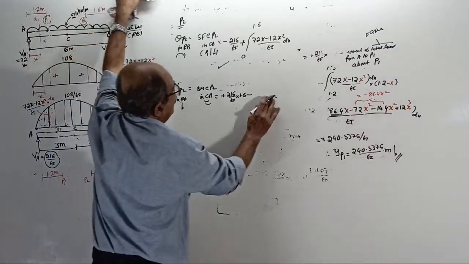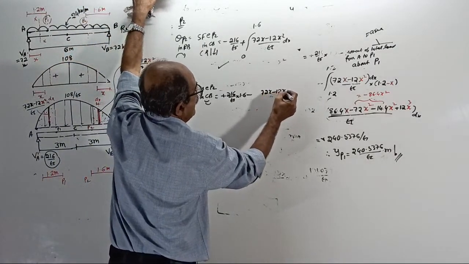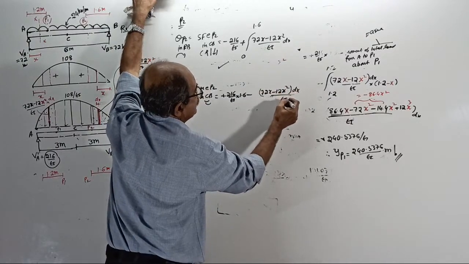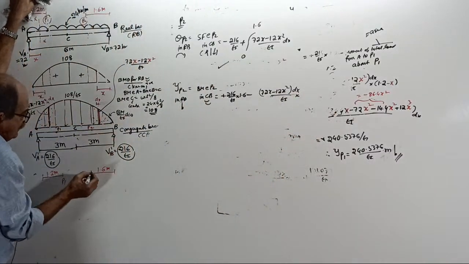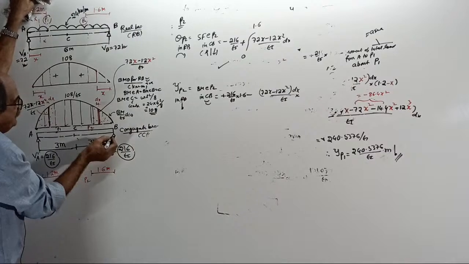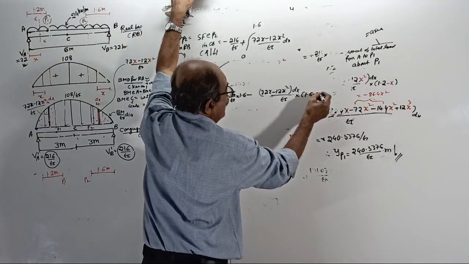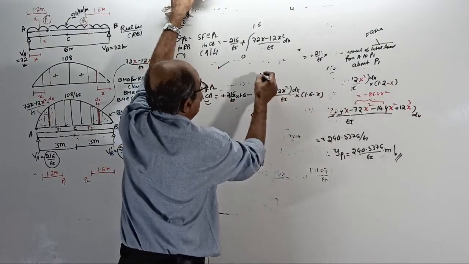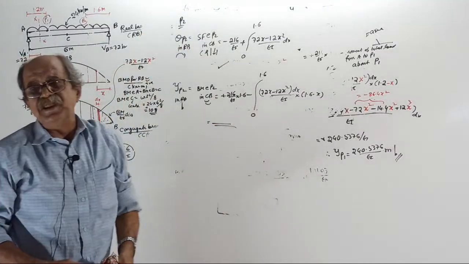What is strip area? 72x minus 12x square dx by EI is the strip area into moment about P2. This is 1.6, this is x, into 1.6 minus x. Same as last time. Integrate it from 0 to 1.6. You get the answer.